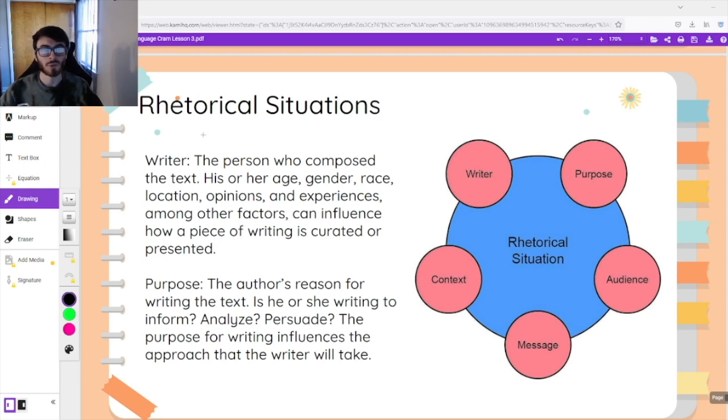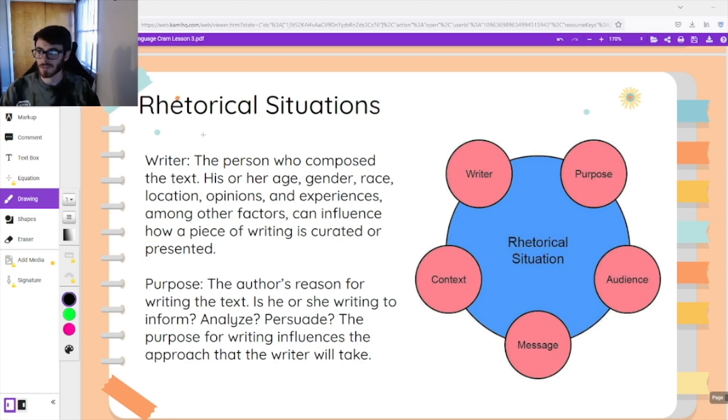To use an extreme example, we can expect that there will be differences between how a modern-day United States citizen and a British loyalist born in the 1700s would write about the American Revolution, right? Because of their different ages, locations, opinions, and experiences, even if they're writing about the same topic, they're going to write about it in very different ways.